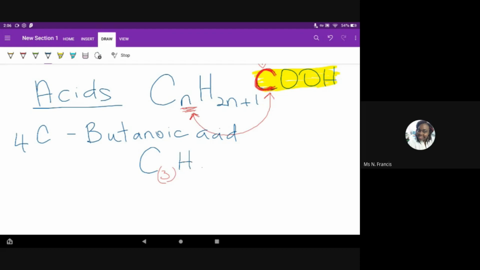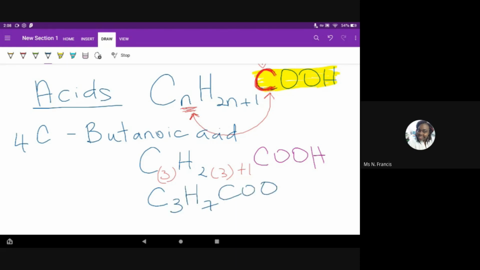H, 2 times 3 plus 1, because remember we're still using N being 3, plus 1, and then I'm going to have my COOH. So my formula then will be C3H7COOH.